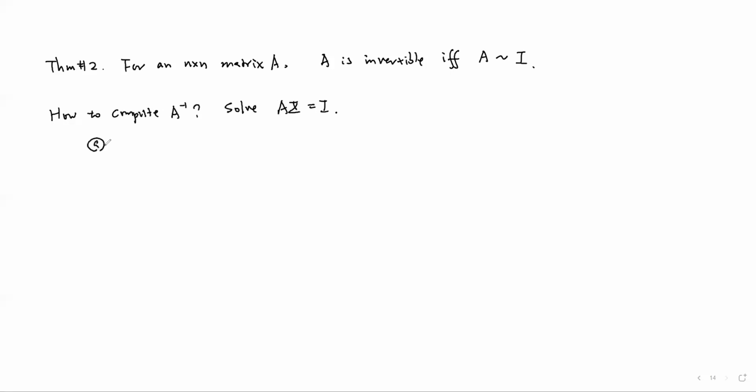Step 1. Form the augmented matrix: the coefficient matrix together with the right hand side. Then reduce the augmented matrix to a matrix of this form.